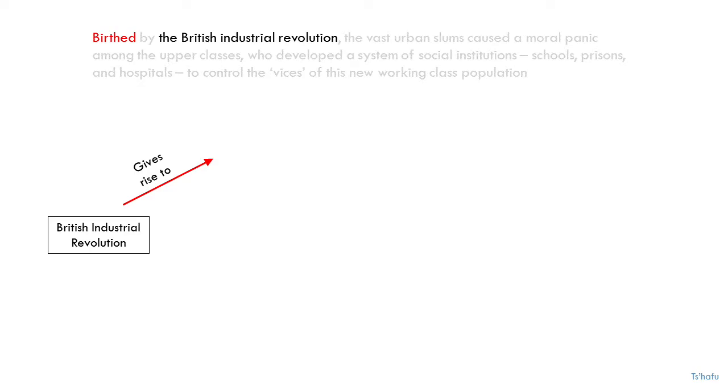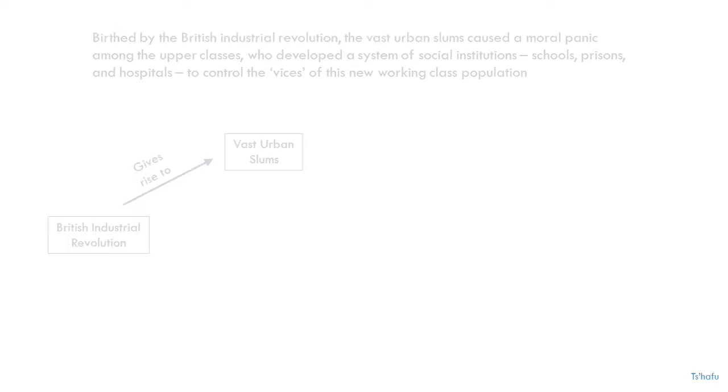But the meaning, of course, is the same, just to make it a little more obvious. The British Industrial Revolution gives rise to something. What is that something? Right here, vast urban slums. We'll indicate it as another object. So here we have our first relationship: the British Industrial Revolution gives rise to vast urban slums. Good. Now we can move to the second relationship.